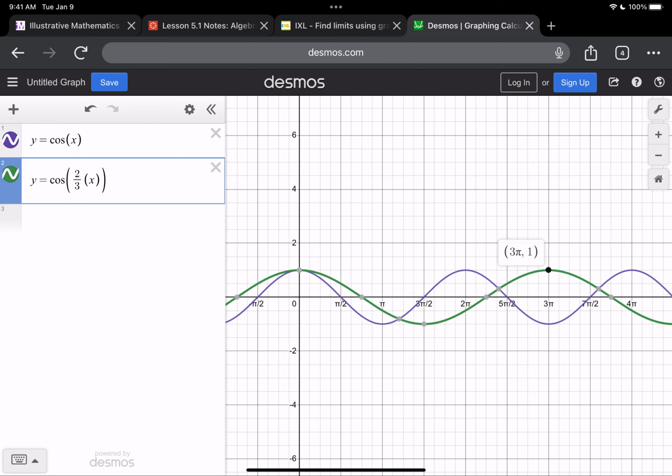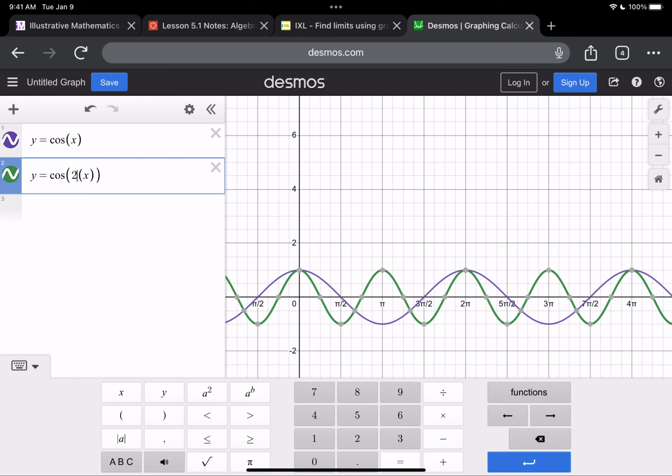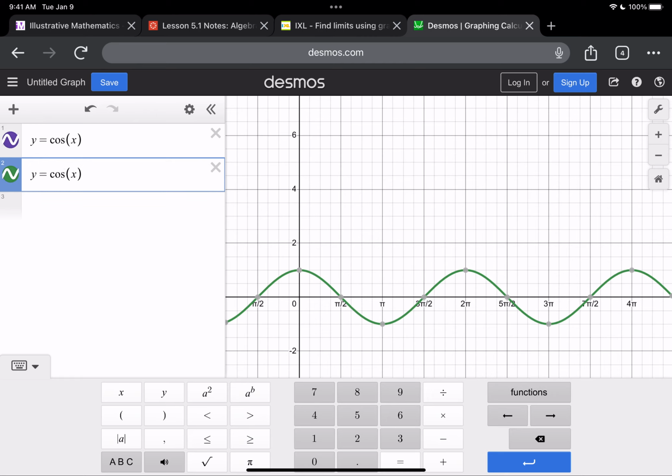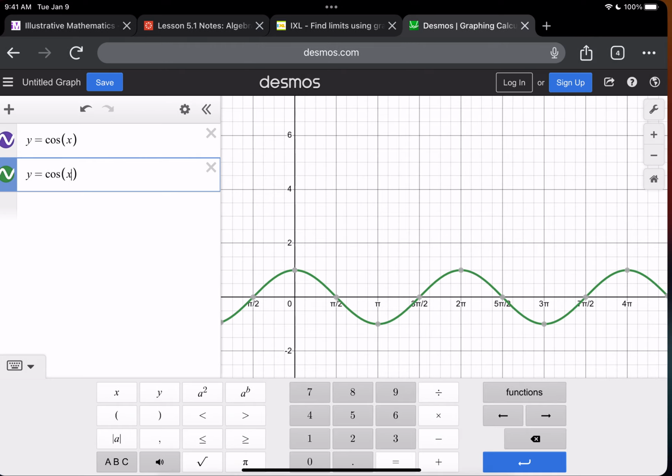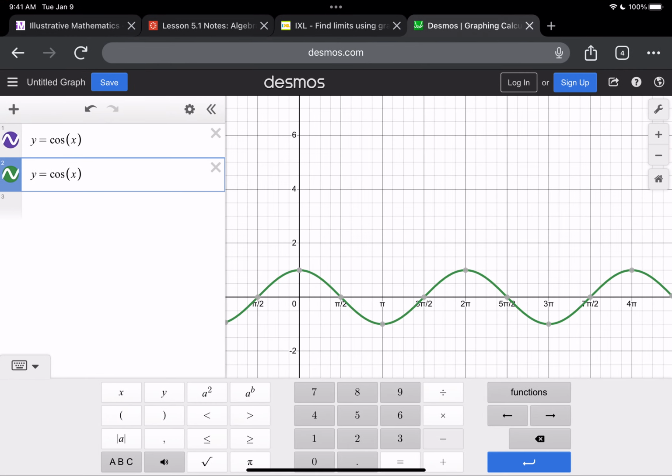So then I want to do the phase shift as well. I'm going to get rid of these. And in the phase shift, we had minus pi, I believe. Yep, we had minus pi, and it looks a little crazy. It looks like it shifted, right? It looks like it flipped, right?